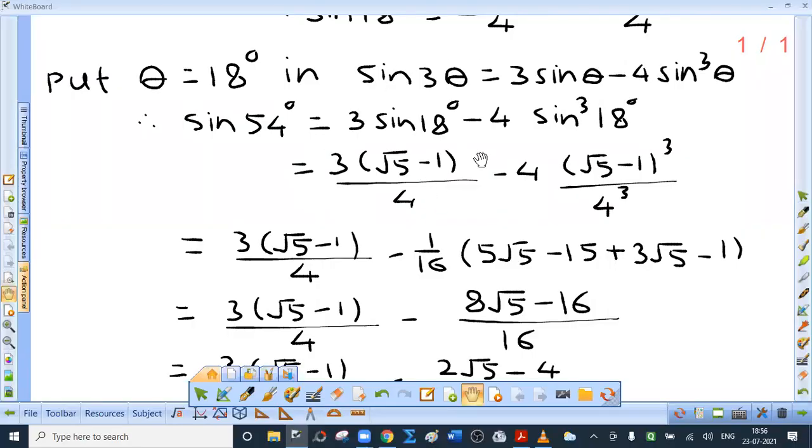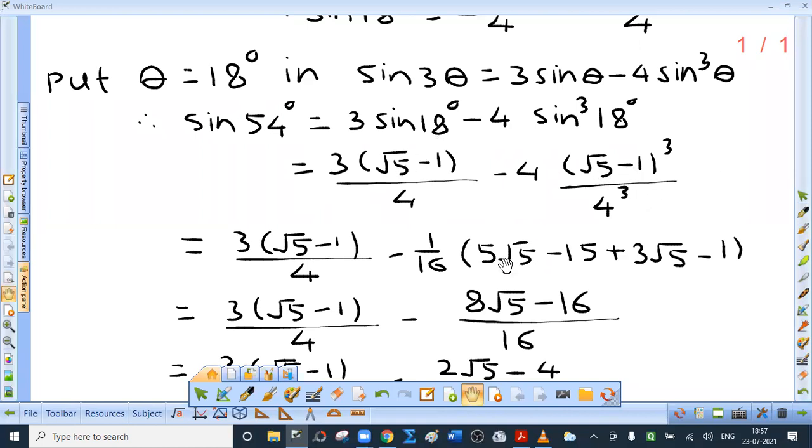Now we need sine 54 degree also, which is 3 times 18 degree. So put theta equal to 18 degree in the sine 3 theta equals 3 sine theta minus 4 sine cube theta formula. So sine 54 degree is 3 sine 18 degree minus 4 sine cube 18 degree. Substitute the values. In fact, only one value, that of sine 18.